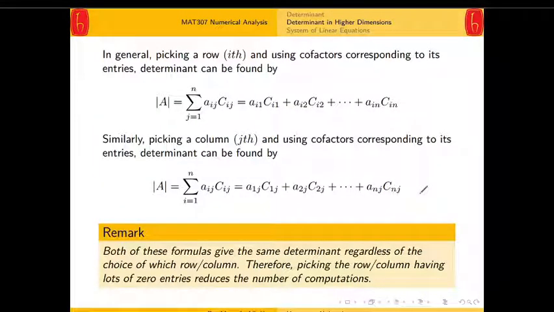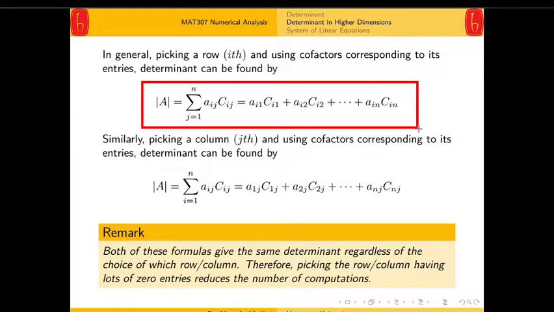In general, picking a row, say the ith row, and using the cofactors corresponding to its entries, meaning the entries on that row, the determinant can be found by this formula.